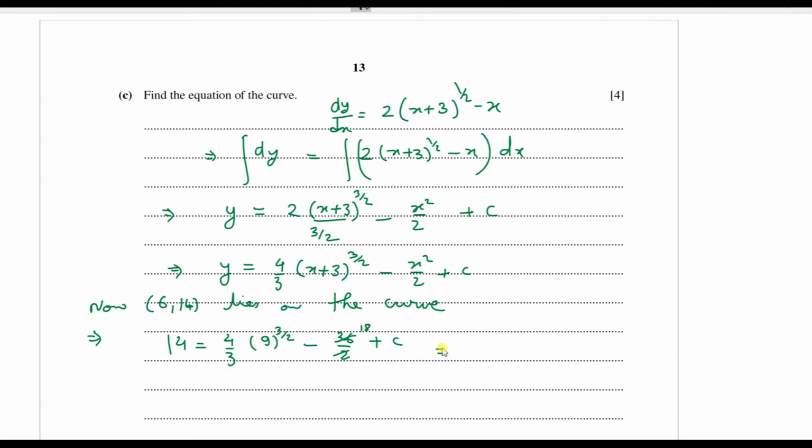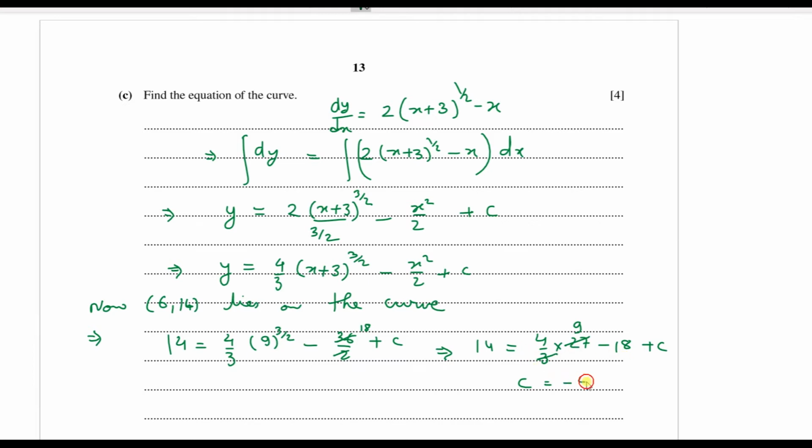It is 14 is equal to 4 by 3 into 9 to the power 3 by 2, and that is 3 to the power 3, 27, minus 18 plus c. So we can cancel this, and now we can translate this value to the other side. It is 4 times 9 is 36, 36 minus 18 is 18, so 14 minus 18 is minus 4.